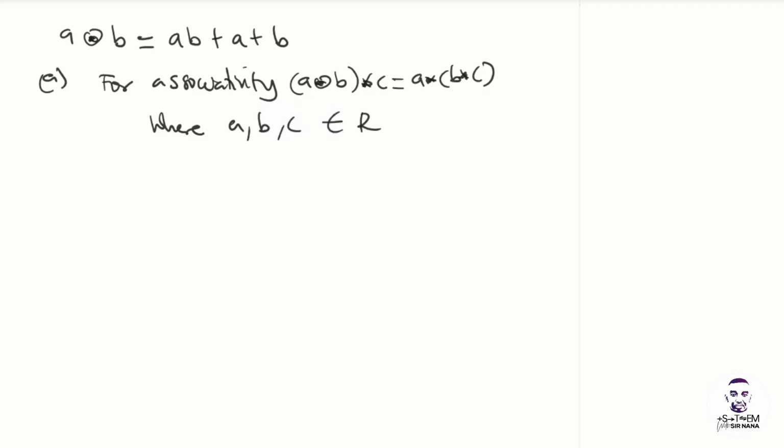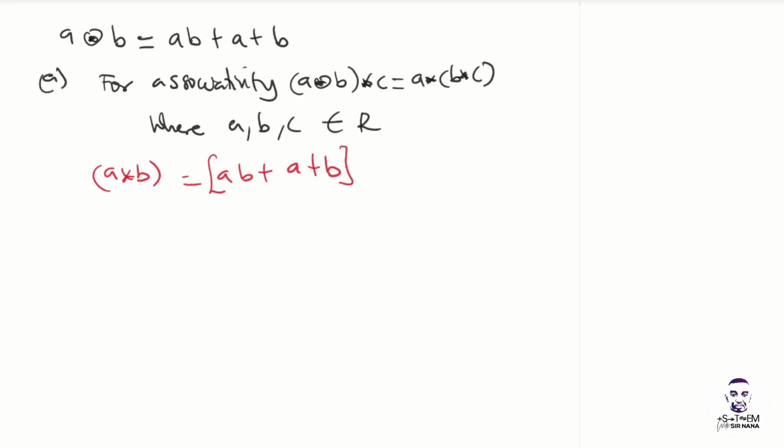So now we can consider the first part, which is A operation B. We know that A operation B is already here. It is equal to AB plus A plus B, so we can put this into brackets.